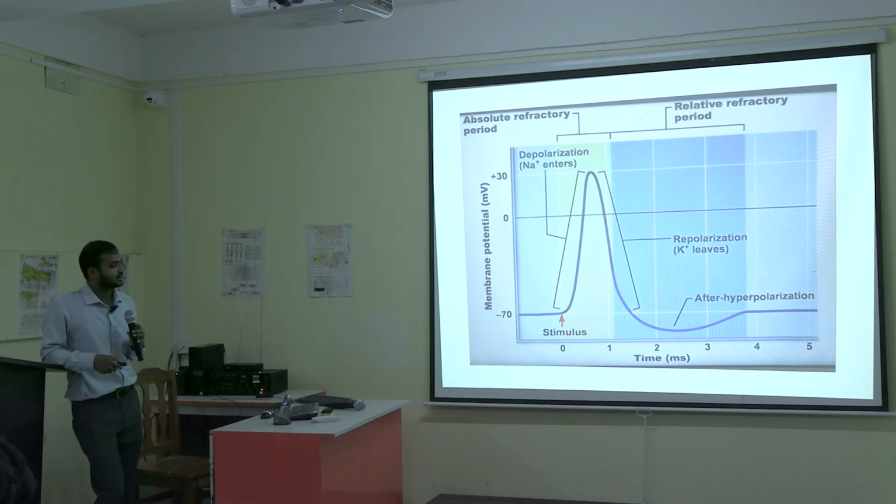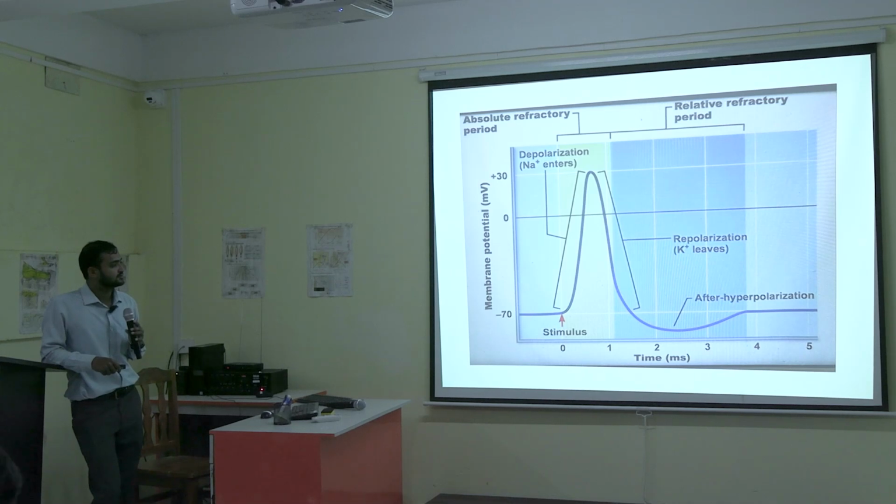Then it will take some time to come to the resting membrane potential of this cell. Suppose from here to here it is at least 4 milliseconds. After crossing the baseline it will take at least how much time? Approximately 10 times that of this time taken.